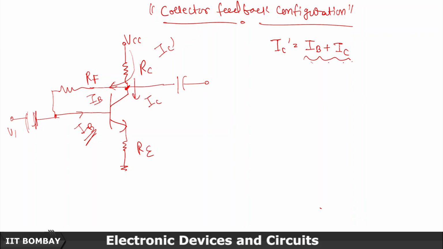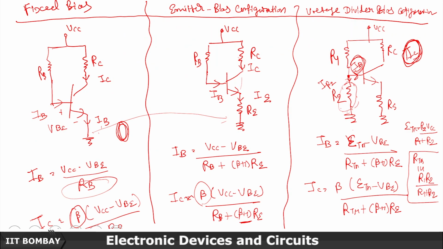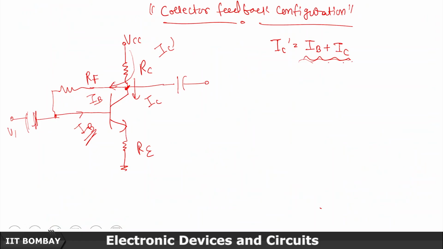So again we will solve the DC bias circuit of this, and we'll figure out what the currents are here. Another important thing is to understand how it is working and why it is more or less doing the same job as a voltage divider bias arrangement. See, IC dash is equal to IB plus IC.